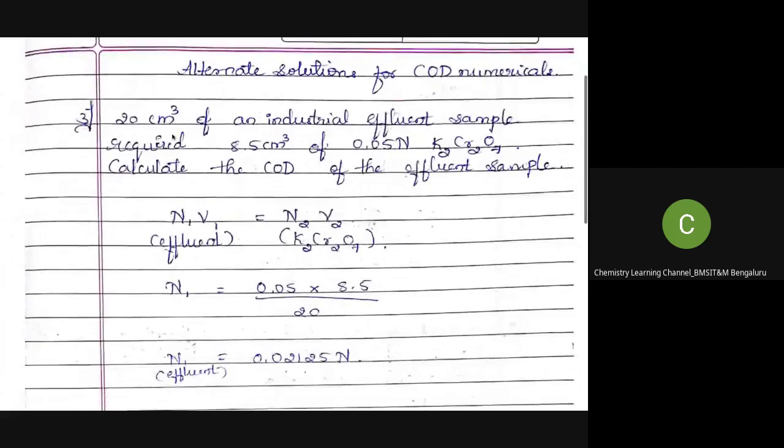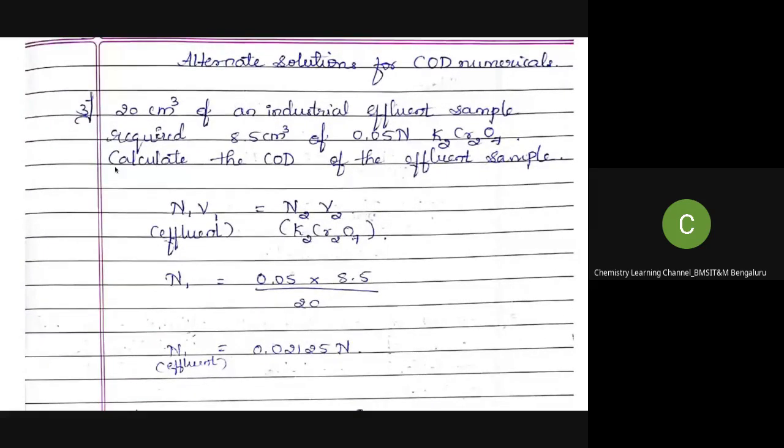So this is the simple way of calculating COD just by using the normality equation and the COD formula. Okay, so here see, 20 cm cube of an industrial effluent sample required 8.5 cm cube of 0.05 N potassium dichromate. Calculate the COD of the effluent sample.